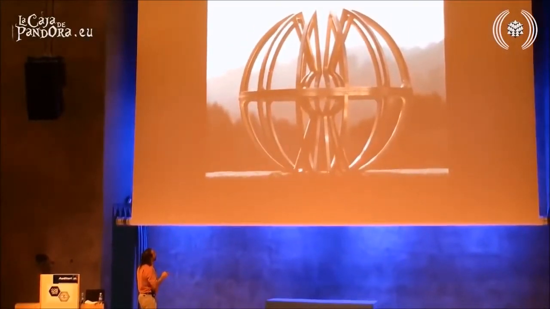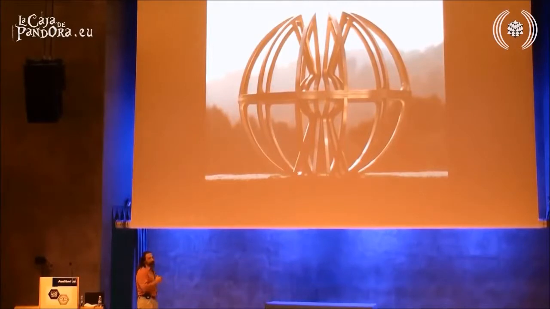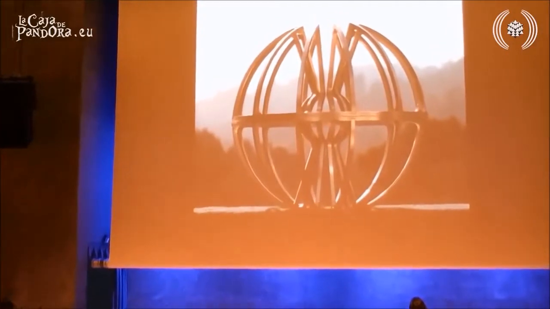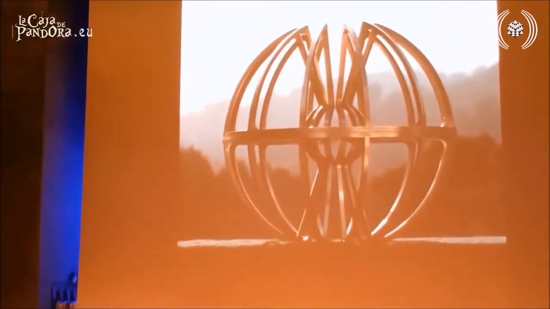You can see it's made out of 12 ribs. Remember the number 12? And each of these ribs is attached to a set of electronics that sends a pulse to it so that I can pulse them in sequence to produce rotation, to produce extremely fast rotation if I have to. And I can pulse the bottom ribs in one direction and the top ribs in the other.